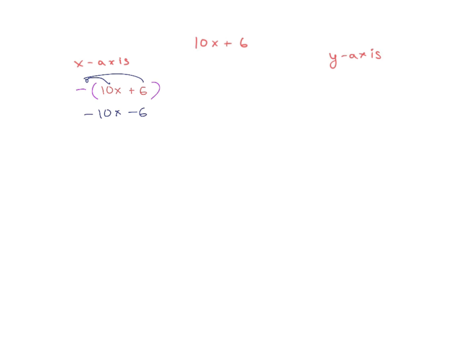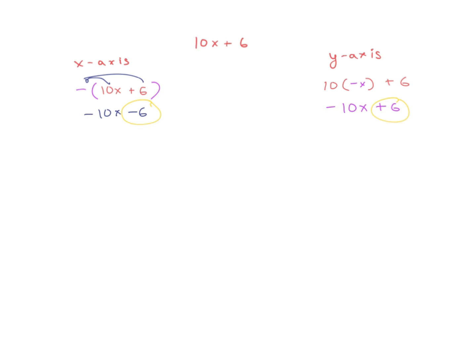Now with the y-axis, remember, you're changing what the x looks like. So you have a 10 plus 6, and we're now putting a negative x on the inside, and that simply becomes negative 10x plus 6. Notice the difference is in our constant, or y-intercept, but there is a change in signs.